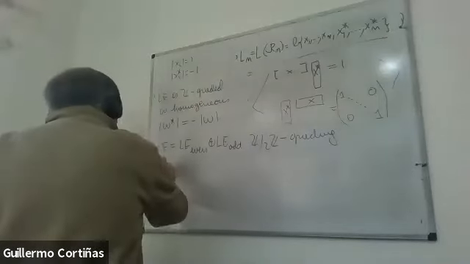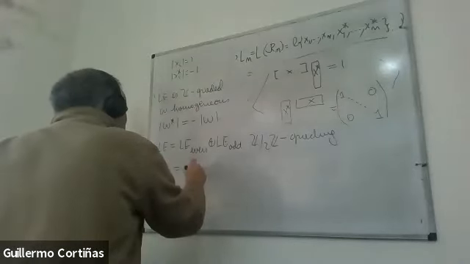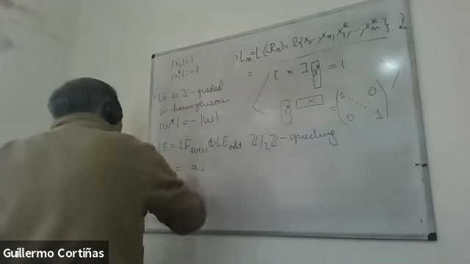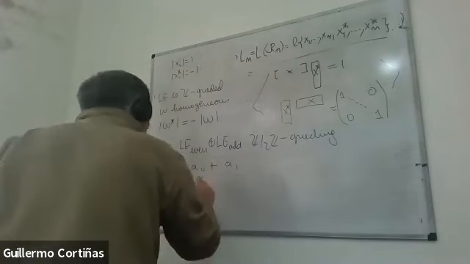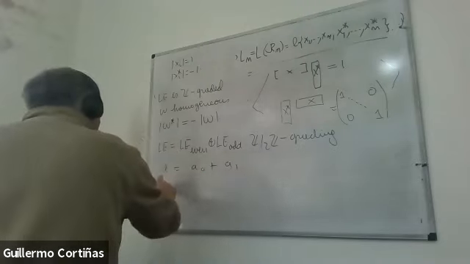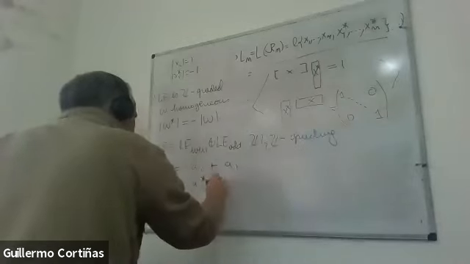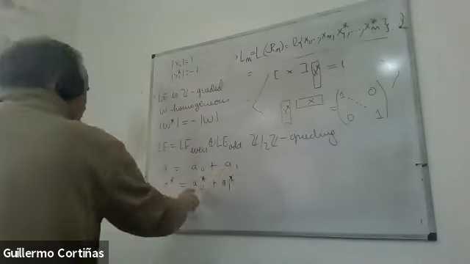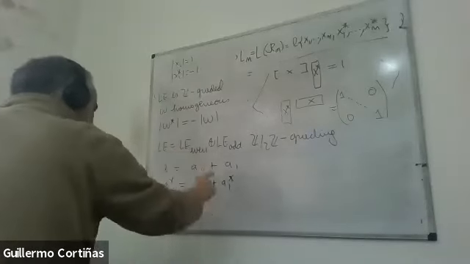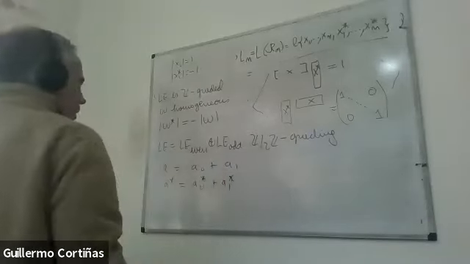So if you have A equal to A0 plus A1, with A0 here and A1 here, when you take A star, this is of course A0 star plus A1 star, and A0 star is still here and A1 star is still here.